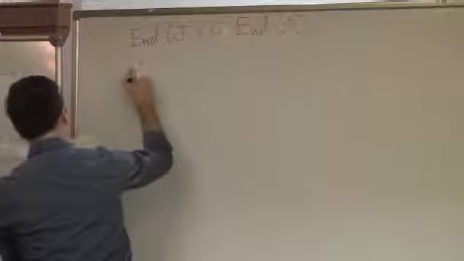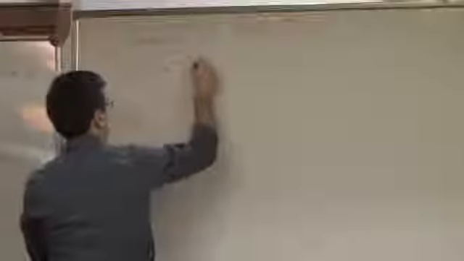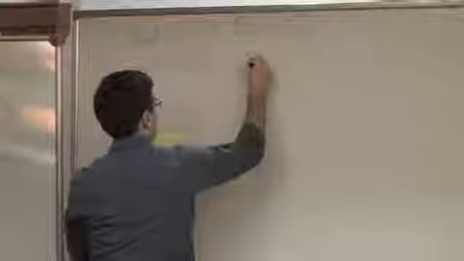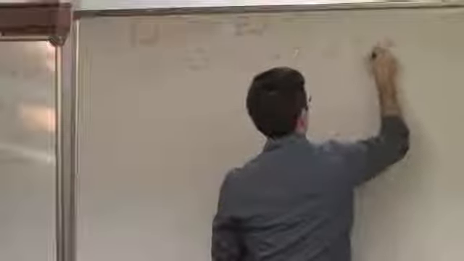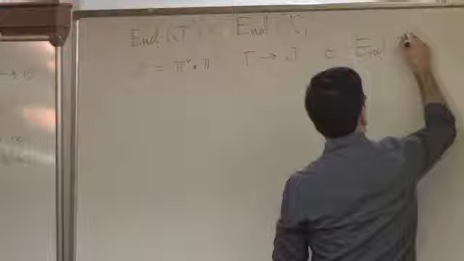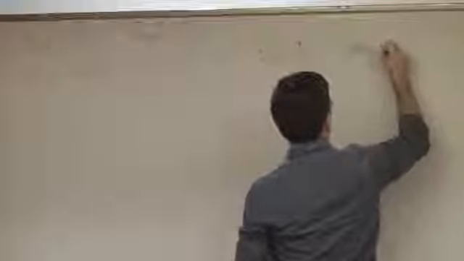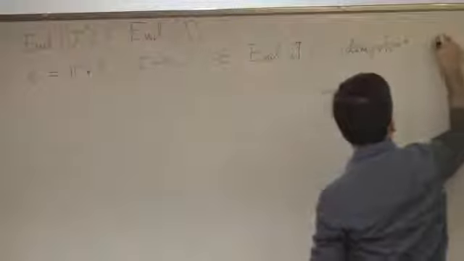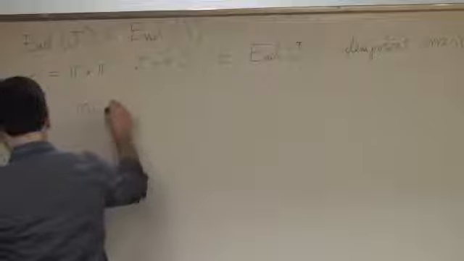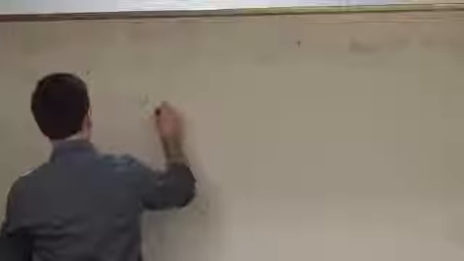Then you have an idempotent element E, this is from J to J, idempotent to E. And then let me define these two quantities.